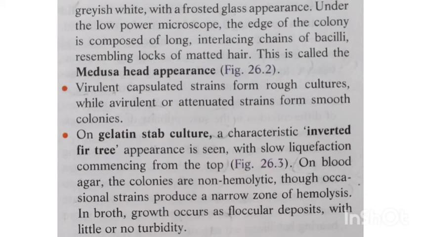Then on gelatin stab culture, they form an inverted fir tree appearance with slow liquefaction. Then on blood agar, they are non-hemolytic, but some strains show narrow hemolysis. Okay. Then in broth, their growth occurs as a floccular deposit with no turbidity. And virulent strains of Bacillus anthracis form rough colonies, and non-pathogenic strains form smooth colonies.